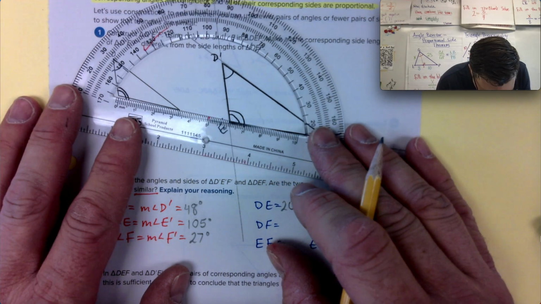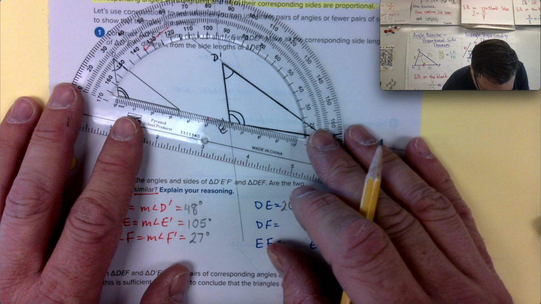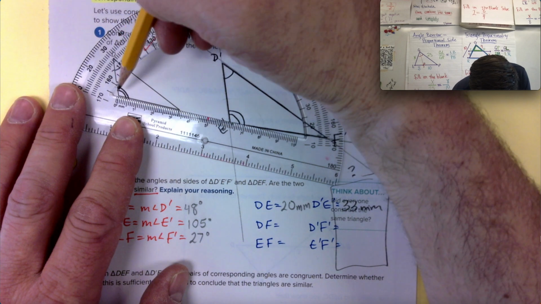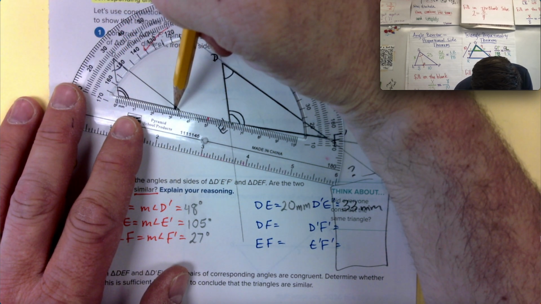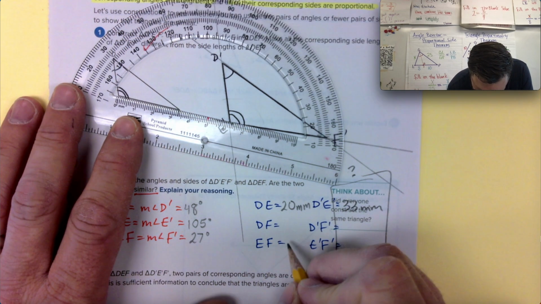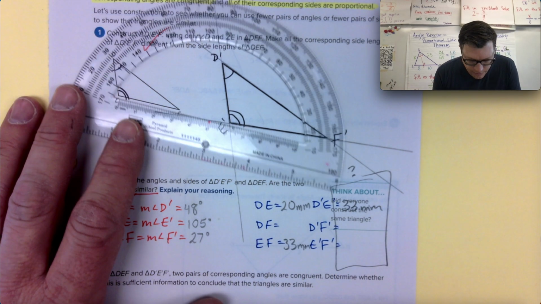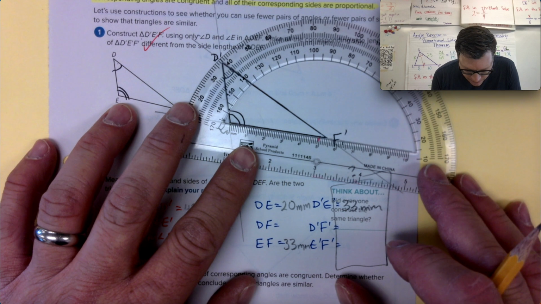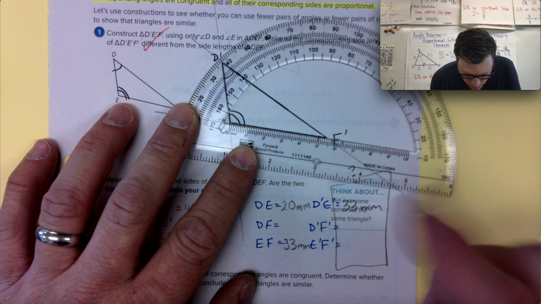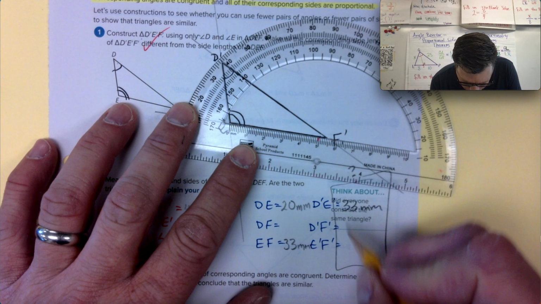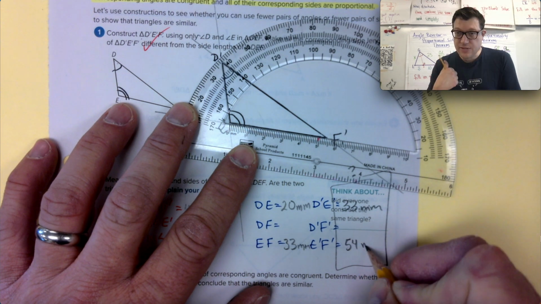Okay, continuing to measure. I'm on EF, so that would be 10, 20, 30, 31, 32, 33. Ooh, EF is 33. We saw that already on the other side. E prime, F prime, I get 54. Again, that's for my triangle.